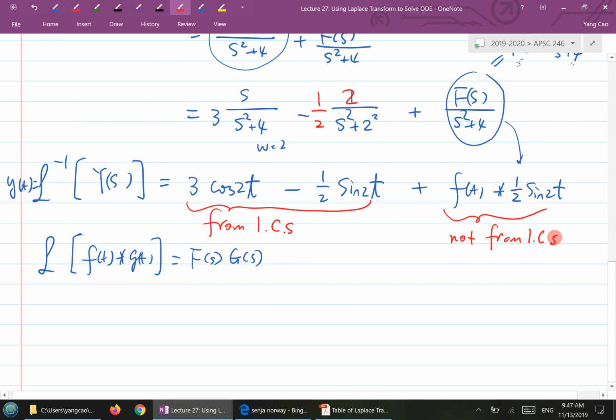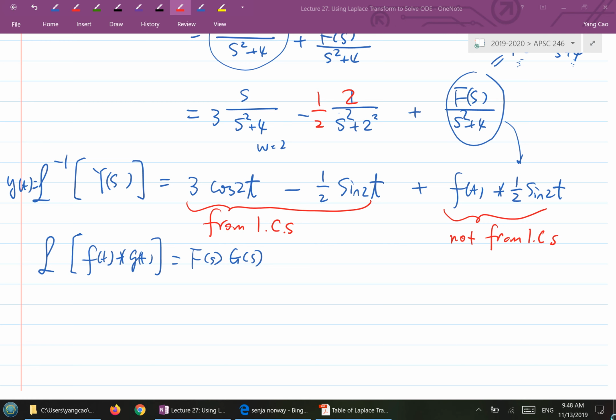So if you look at the solution of this y of t here, this is actually a general observation. It always has two parts: one part contributed from initial condition, and one part contributed from the forcing term, the forcing input into the system. That's always true.